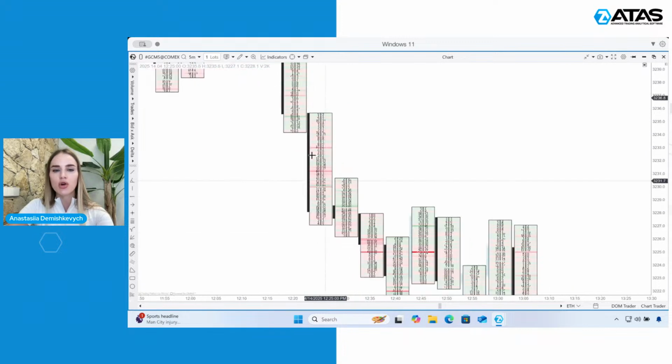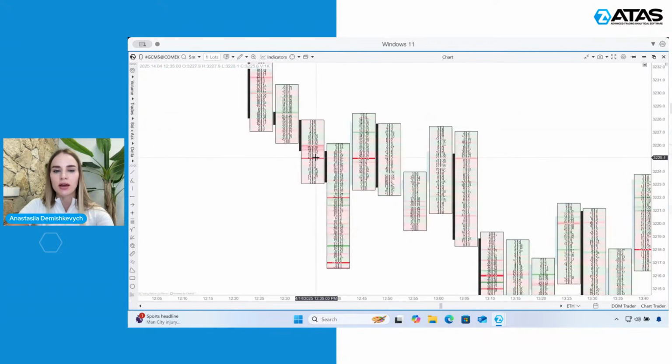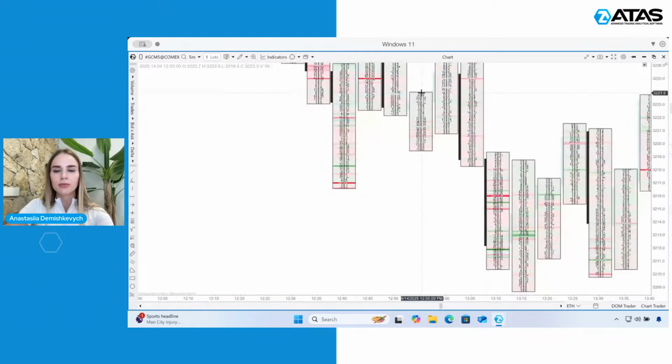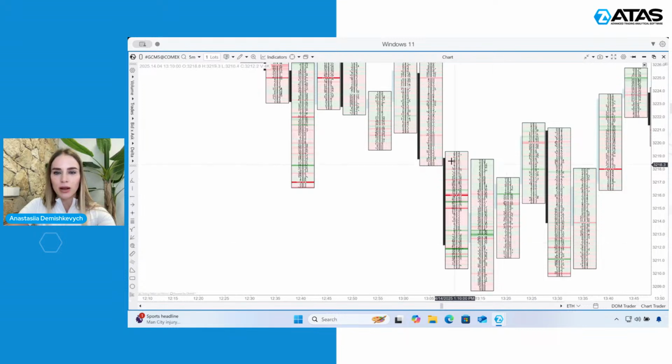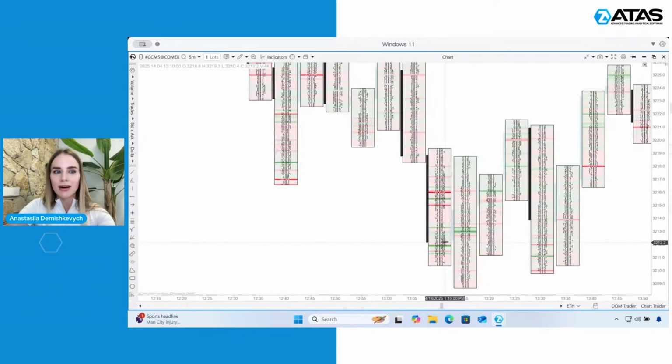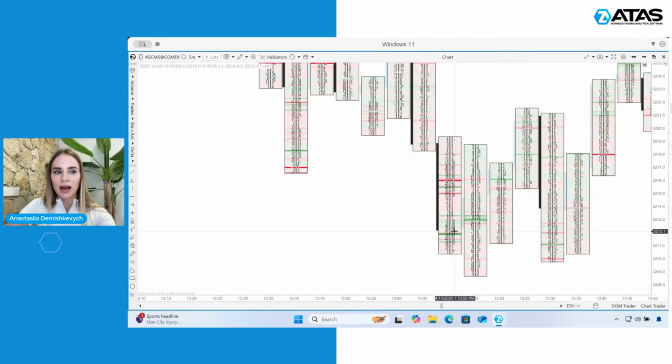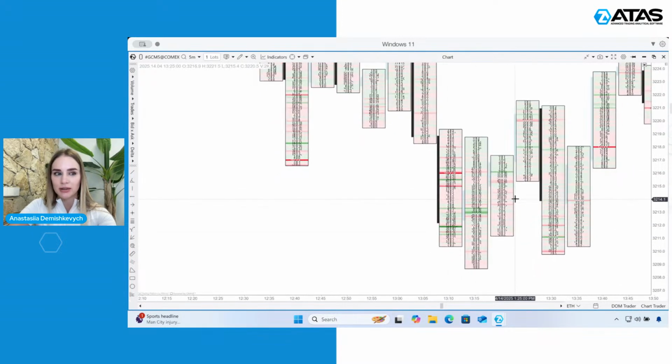So we see the price dropping, bearish candles one after another, several bright red deltas appearing. And as you can see here, we start seeing a different activity. The price has been falling, right? But a large green candle, a green footprint, appears at the bottom, and buyers start pushing the price back to the upside.